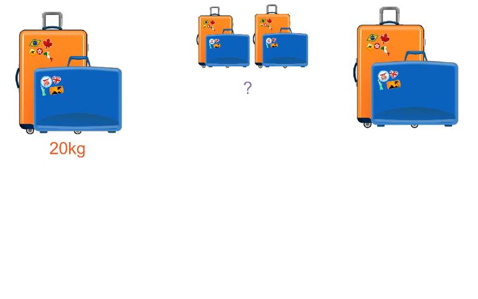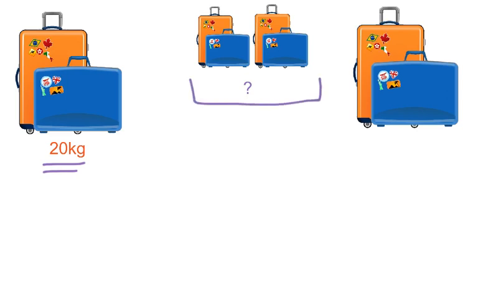So let's look more at this. I'm only going on a small trip, so each suitcase together weigh 20 kilograms. So the two suitcases together weigh 20 kilograms. So I know this. How much does this weigh?